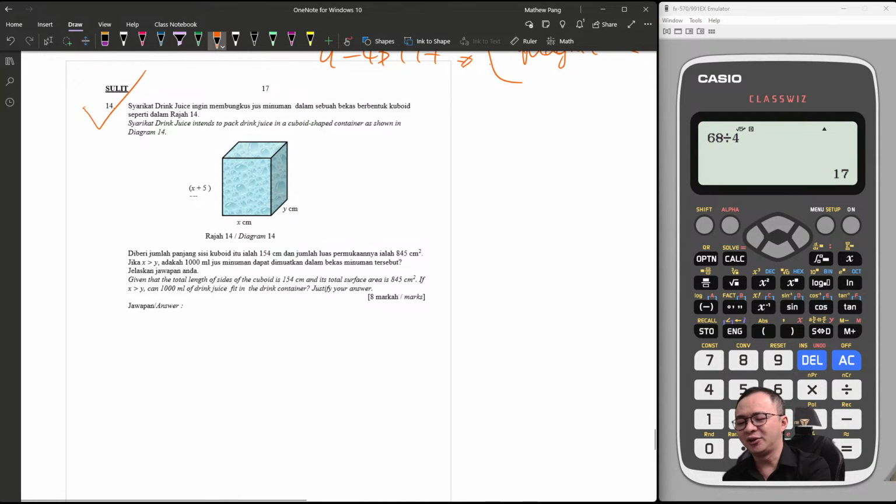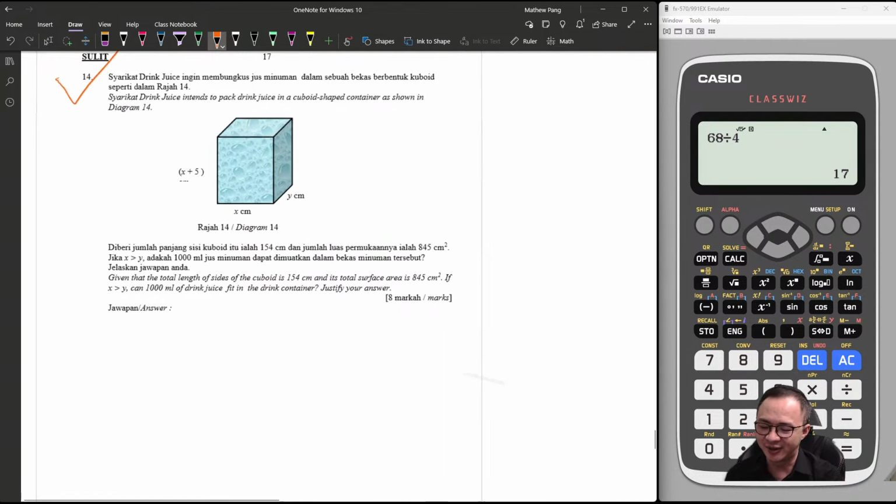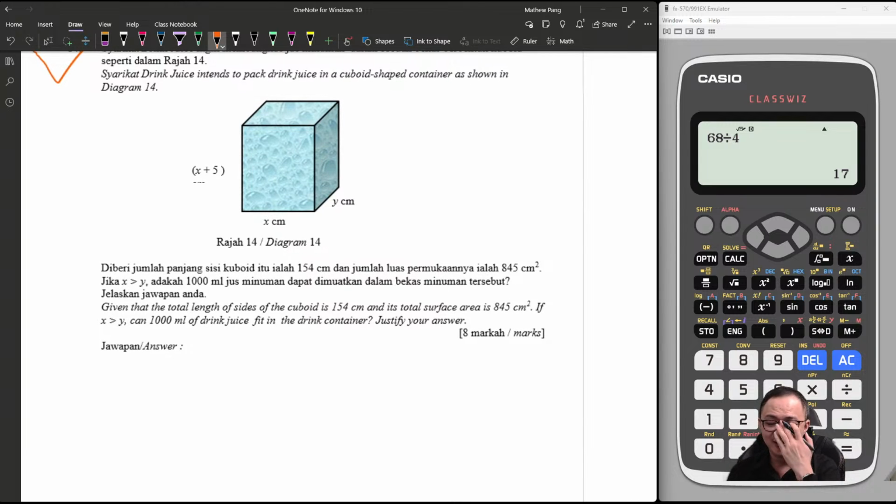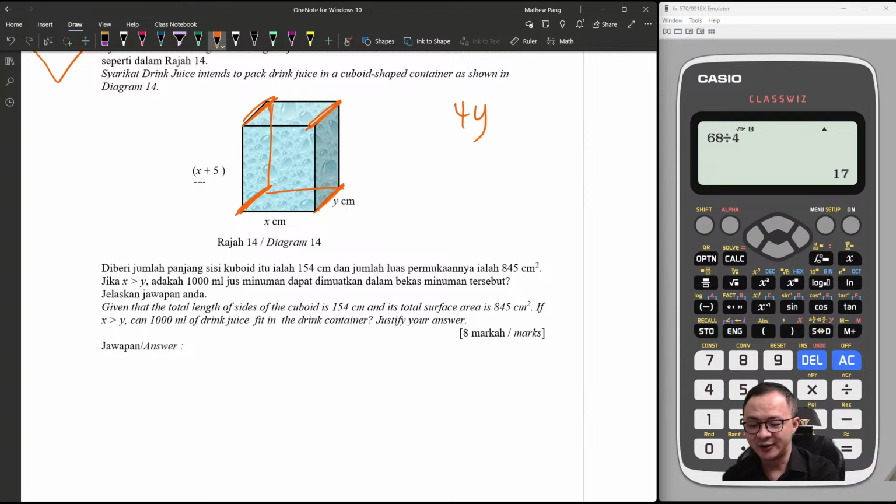Question 14 you'll do yourself. It's a simultaneous equation. I'm lazy so you do the simultaneous, but I can teach you how to set it up. So they say the total length of the sides. You just imagine this one is a 3-dimensional thing. So for your y, you should have 1y, 2y, 3y, 4y. So you have 4y.